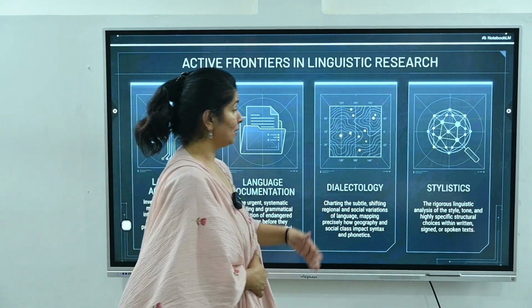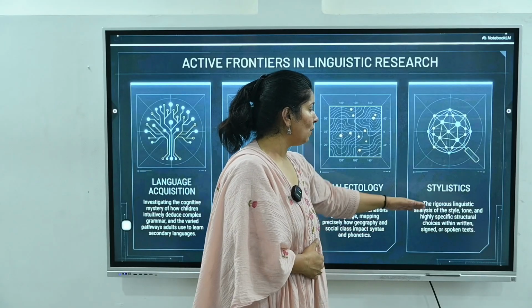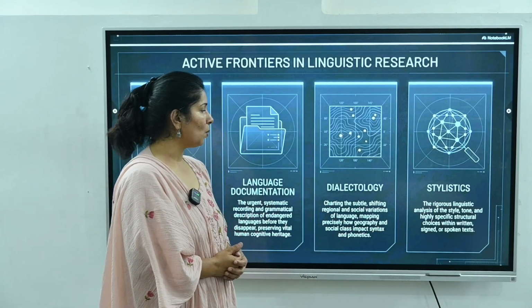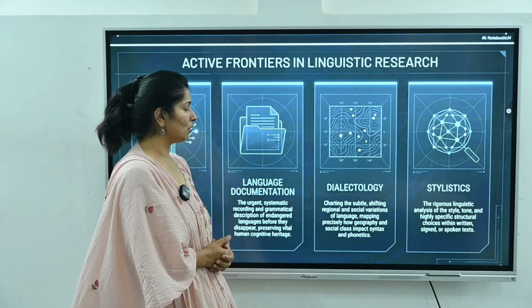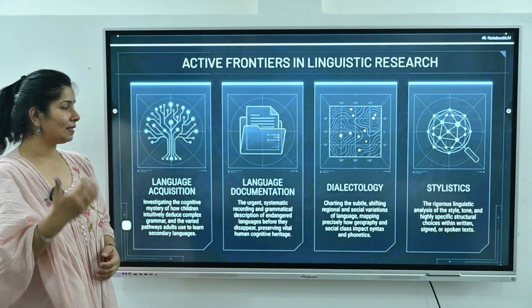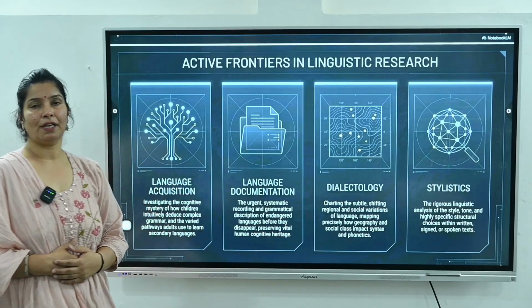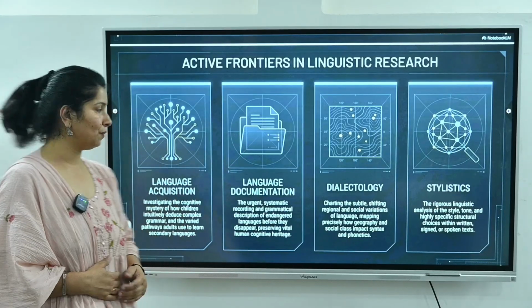We can also study stylistics, the rigorous linguistic analysis of the style, tone, and highly specific structural choices within written, signed, and spoken text. So these are the important areas from the research point of view.